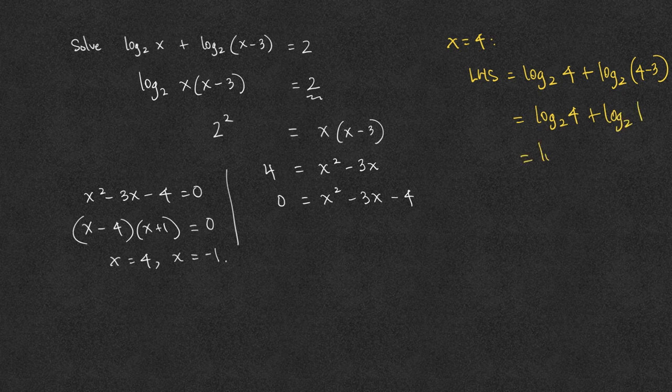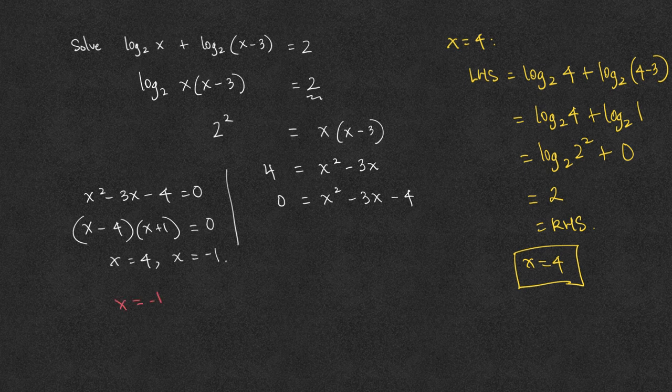Log base 2 of 4 is log base 2 of 2 squared, and log base 2 of 1 is 0 because log of 1 is always 0. Log base 2 of 2 squared is 2, which matches the right-hand side, so x equals 4 is the solution. It checks out.